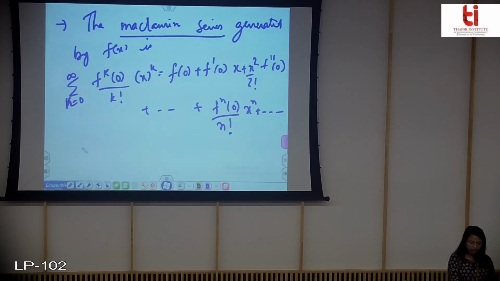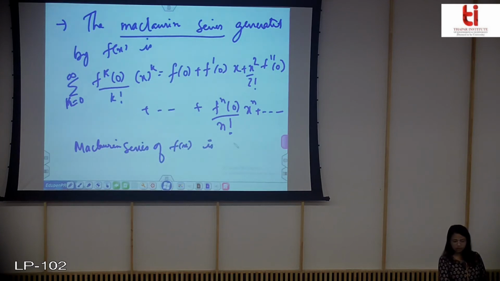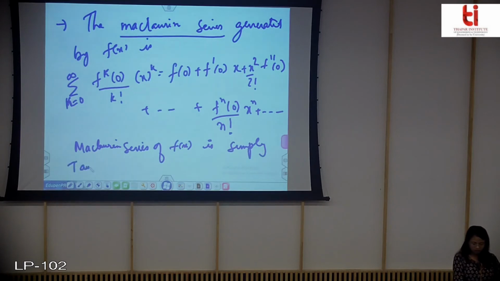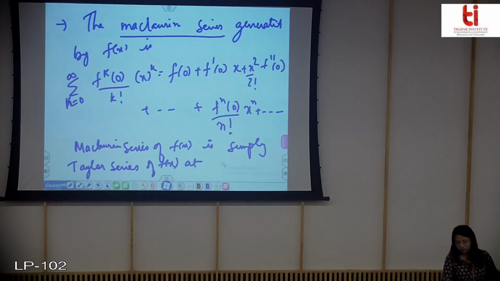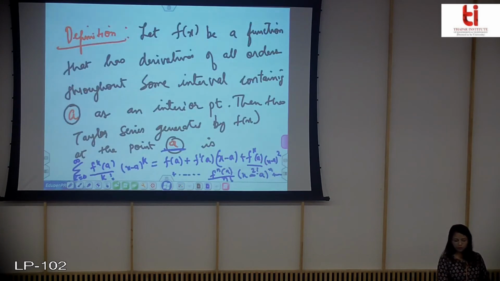Clearly I'll write that Maclaurin series of f(x) is simply Taylor series of f(x) at a is equal to 0. Obviously if you put a is equal to 0, you will get the Maclaurin series.